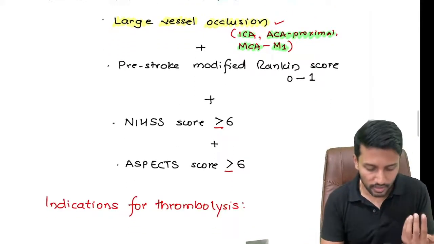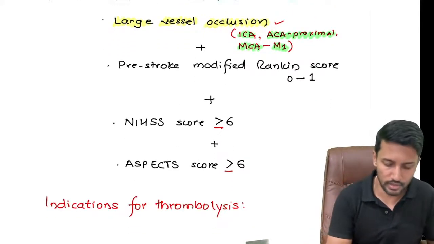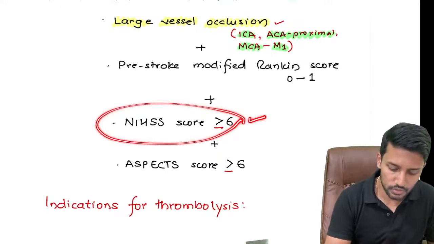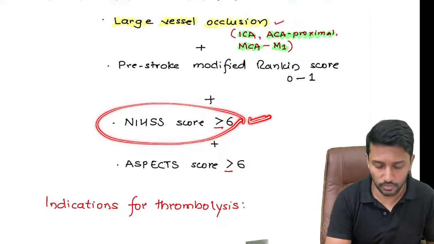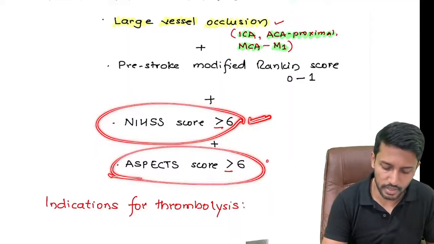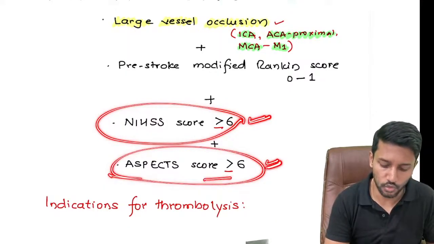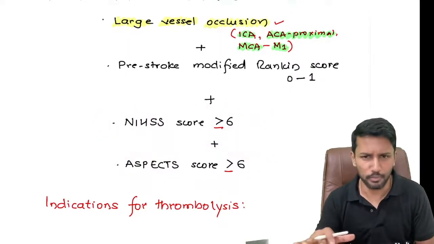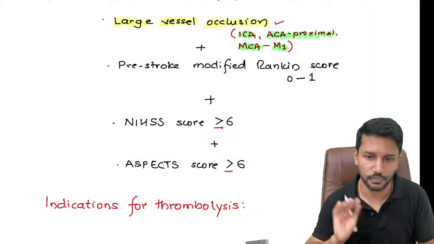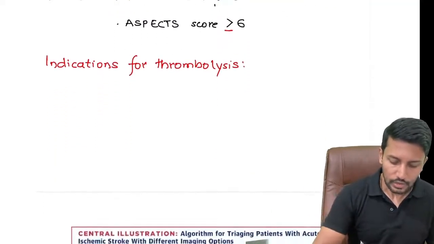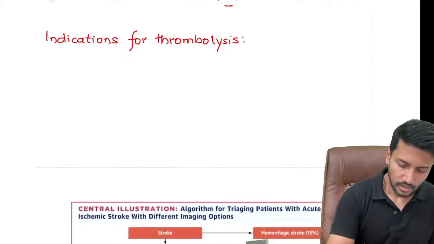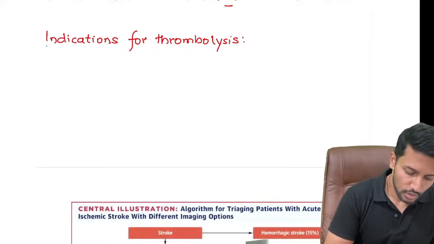And if you want to take it into further detail, then the clinical severity of the stroke should be high, score more than or equal to 6, as well as the radiological severity, score more than or equal to 6. Not important for the undergraduate student as well. Okay. Those patients where mechanical thrombectomy is not possible, what are the best alternatives we have?